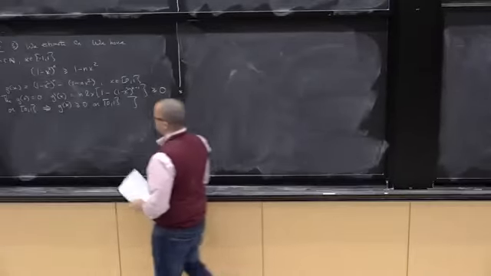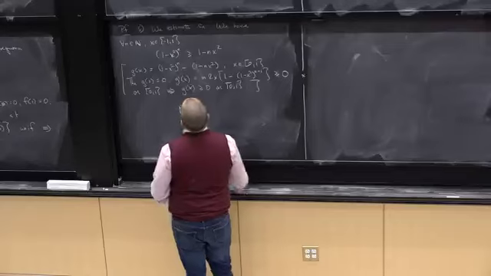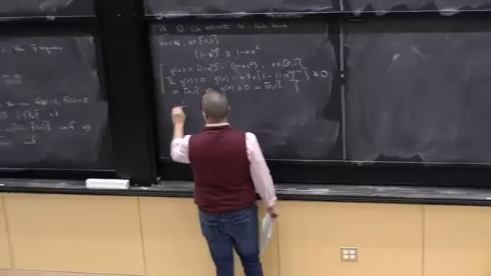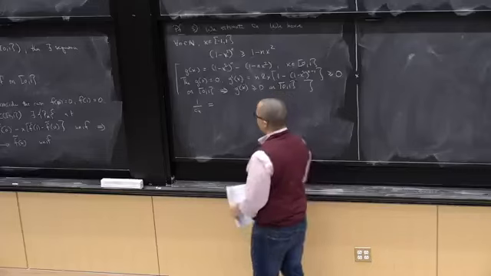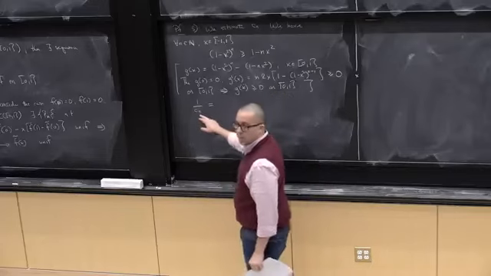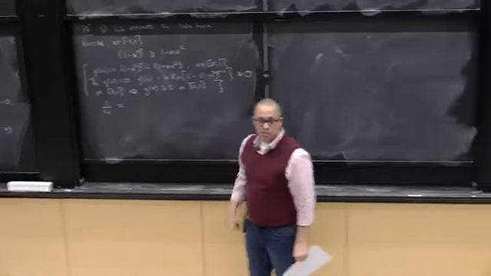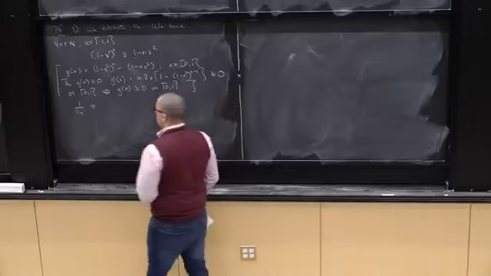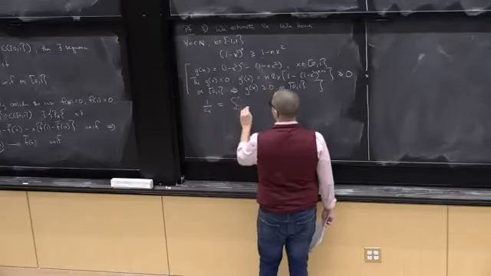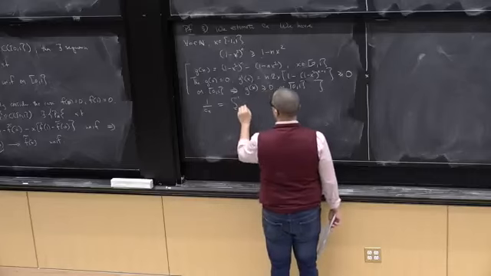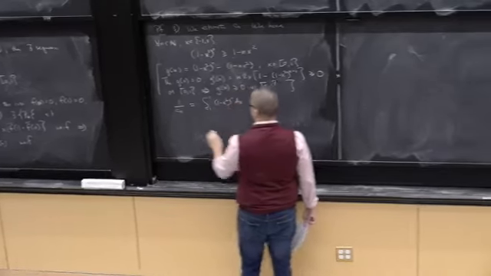So now we compute the size of c sub n. To do that, let me look at 1 over c sub n. If I want an upper bound on c sub n, I need to prove a lower bound on 1 over c sub n. So let's take 1 over c sub n and find a lower bound for it. This is the integral from minus 1 to 1 of (1 minus x squared) raised to the n dx.